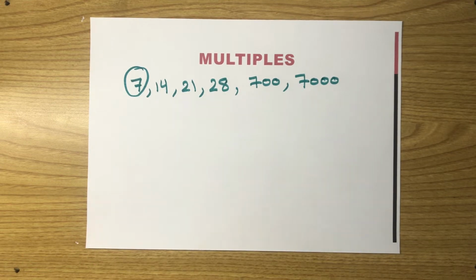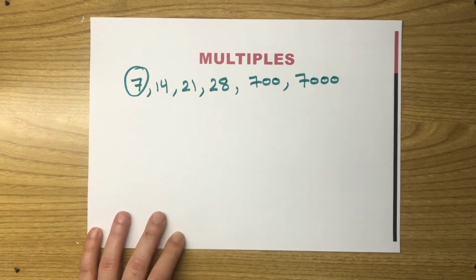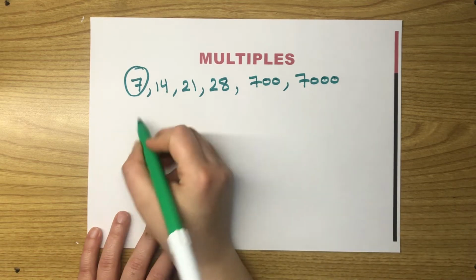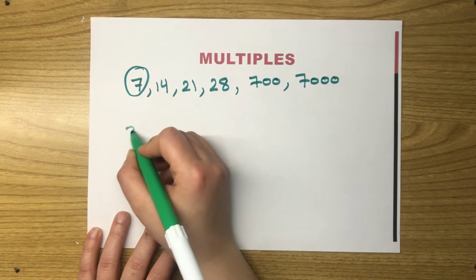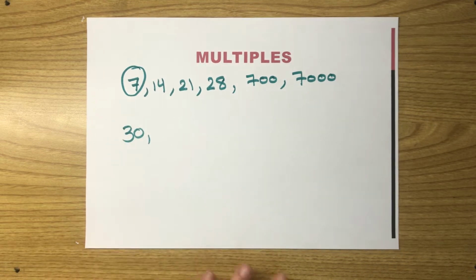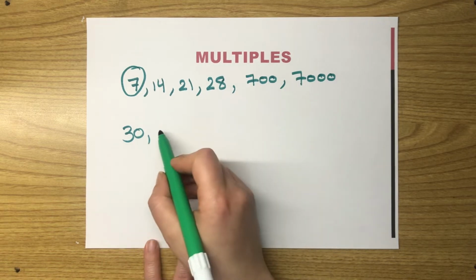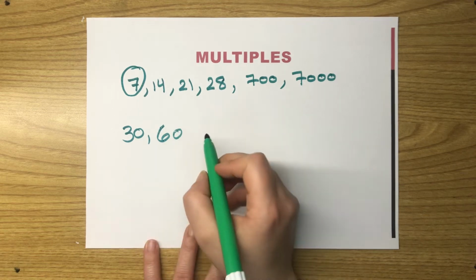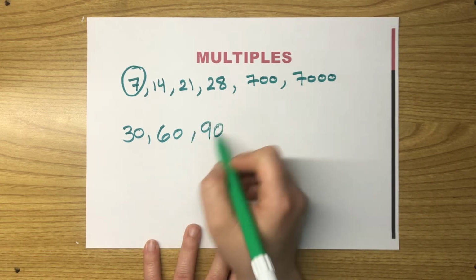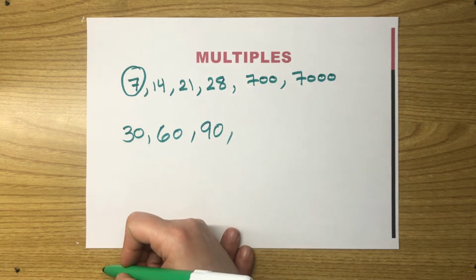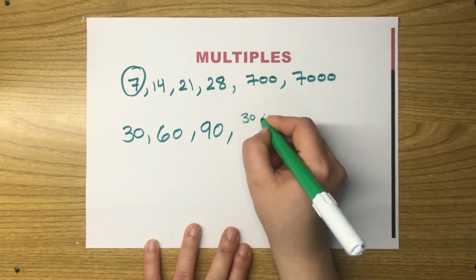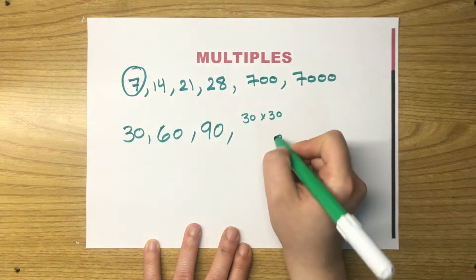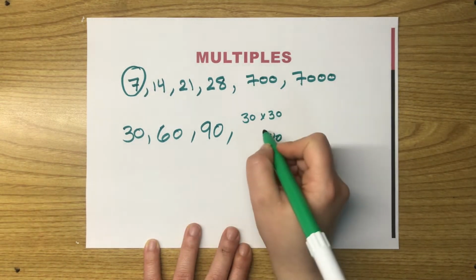Okay, give me some examples of multiples of 30. 30 times 1, 30. 30 times 2, 60. 30 times 3, 90. 30 times 30, do you remember? 30 times 30, 0, 0. 3 times 3 equals 9.